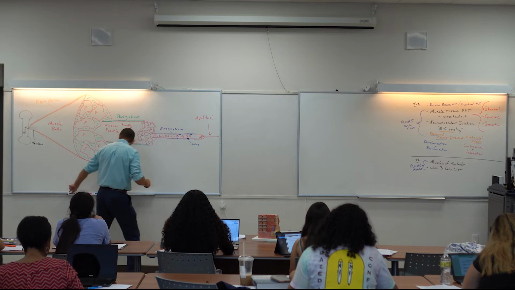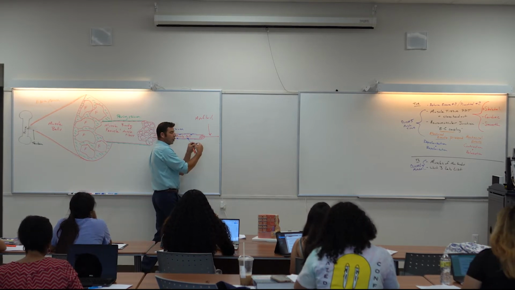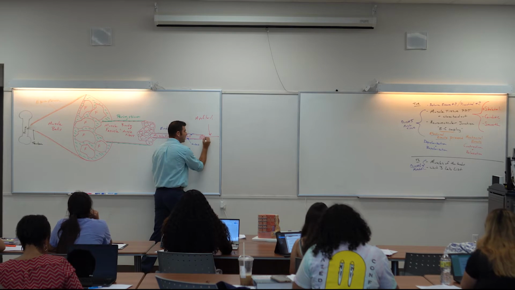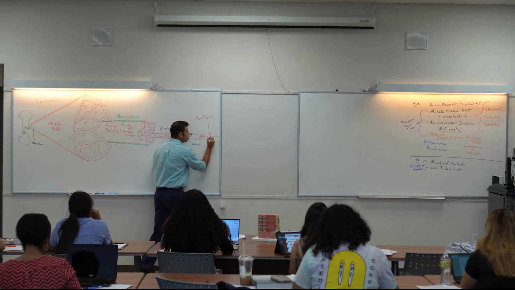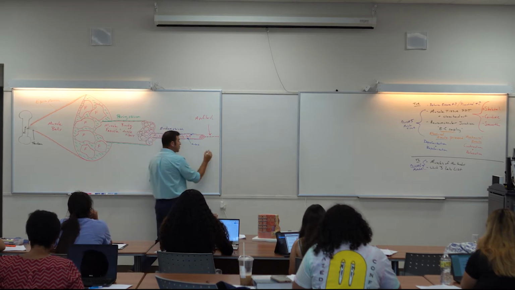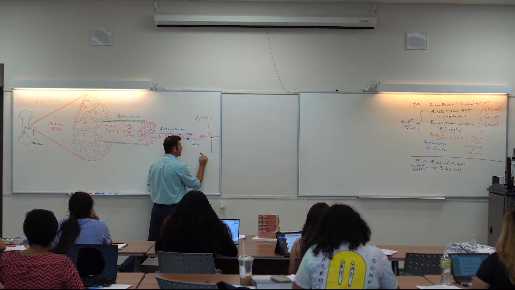I sometimes think of this myofibril as like a long chain. Just like a chain is broken up into individual links, this myofibril is going to be broken up into individual links as well. Each link, just real quick to point to one of those individual links, that link is a sarcomere.